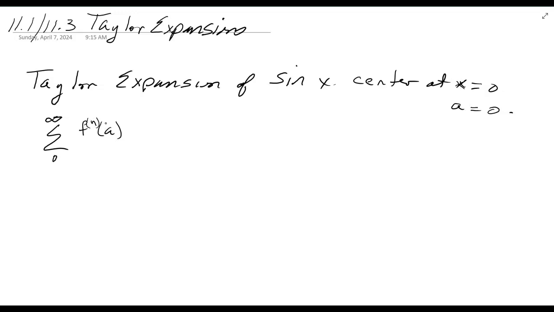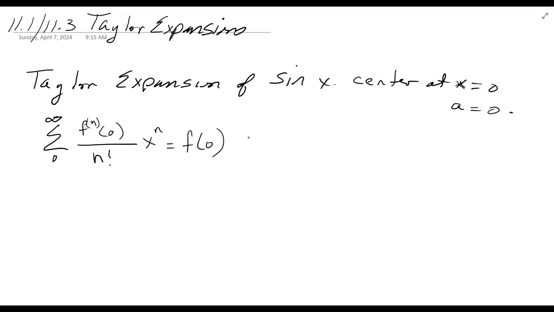So f to the fourth derivative, fifth derivative, and so on, over n factorial. We're centering it at 0, so we can replace a with 0, and we just have x to the n.